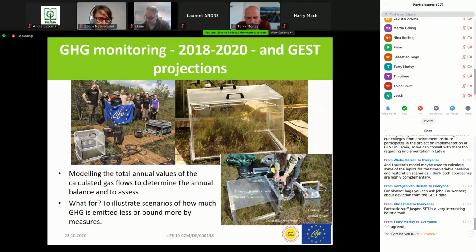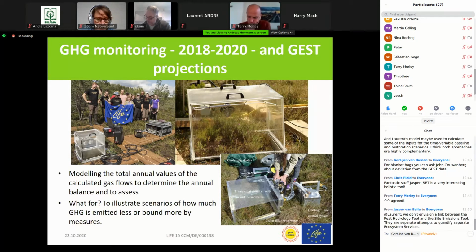We have a chamber constructed by a company, a transparent chamber design with fans and thermometers inside the chambers, and we can measure both the ecosystem respiration and also the NEE, net ecosystem exchange.